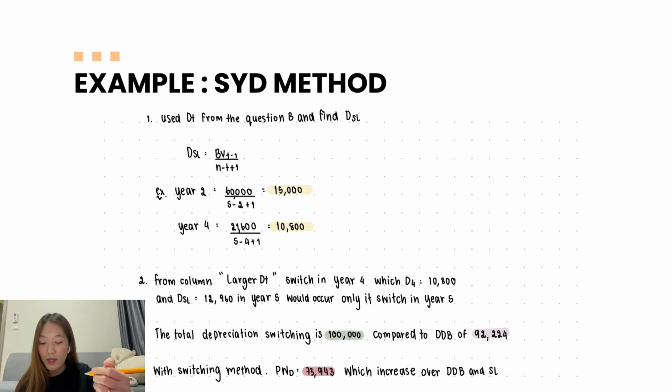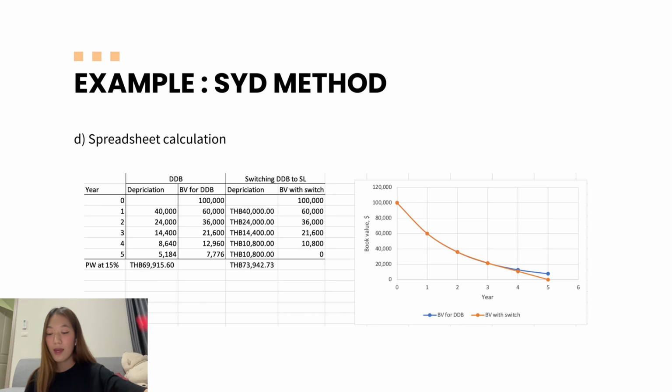Which means the switching method is better than the others. And this is the spreadsheet calculation. Here is the spreadsheet, and we provide a graph here, so as you can see, year 4 and year 5 are a little bit different here.